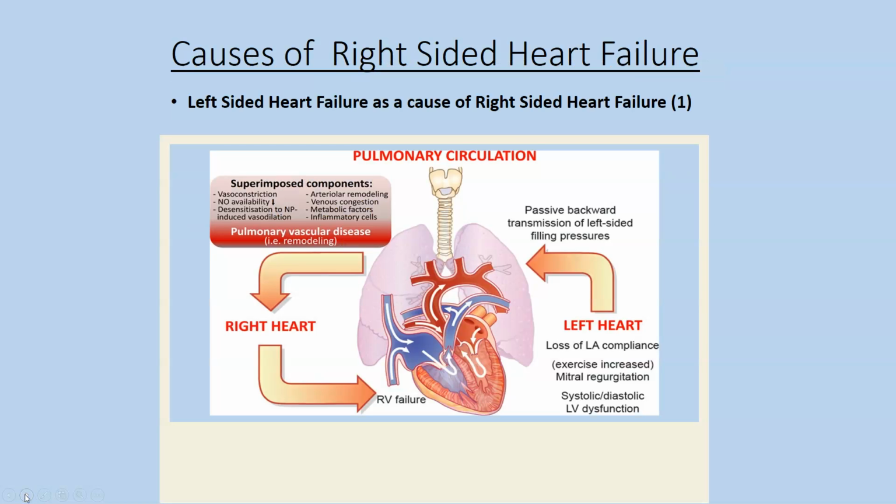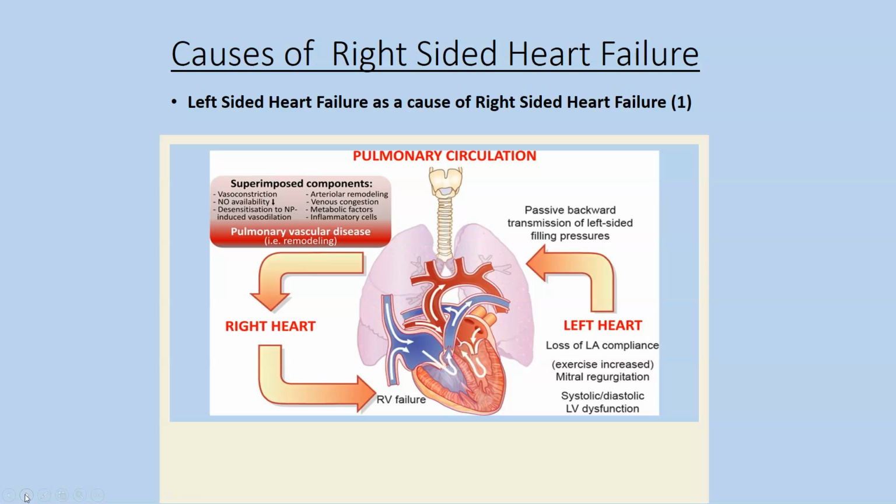The most common cause of right-sided heart failure is actually left-sided heart failure. When the left ventricle fails to pump efficiently, there is a backflow of blood into the pulmonary circulatory system. This increases the pressure in the pulmonary circulatory system, which is usually a very low pressure system.